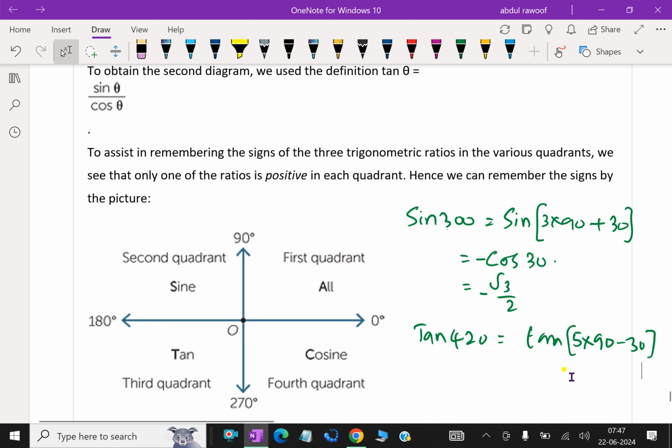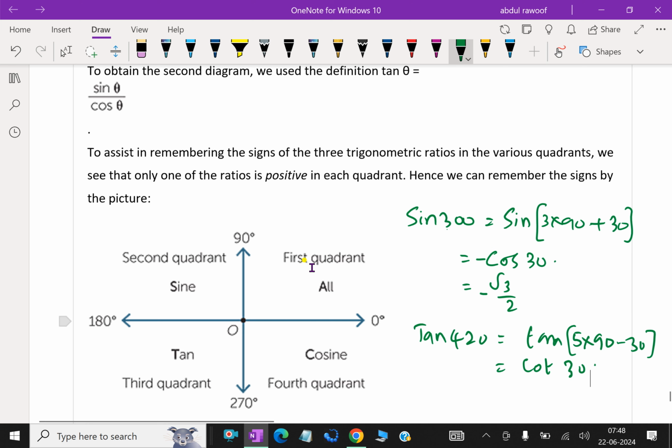Now it is an odd multiple of 90, so tan becomes cot 30, and cot 30 is the reciprocal of tan 30. Which quadrant is 420 in? 360 is one rotation, and the remaining 60 is in the first quadrant, and minus 30 also becomes first quadrant.